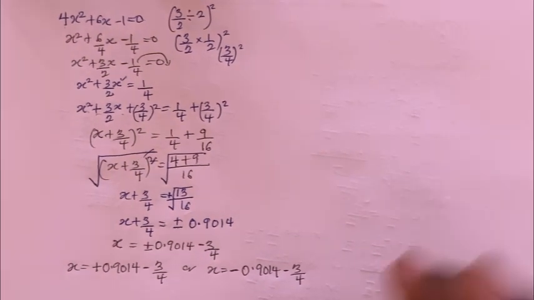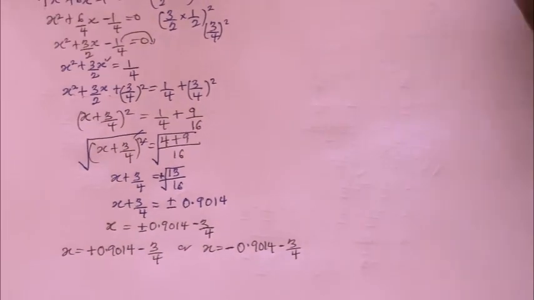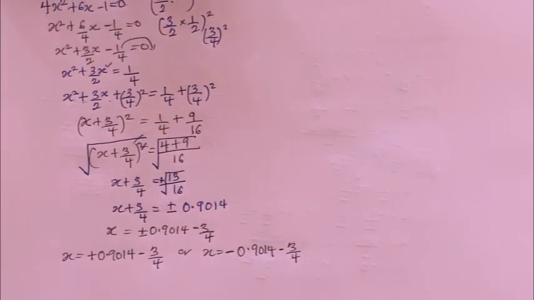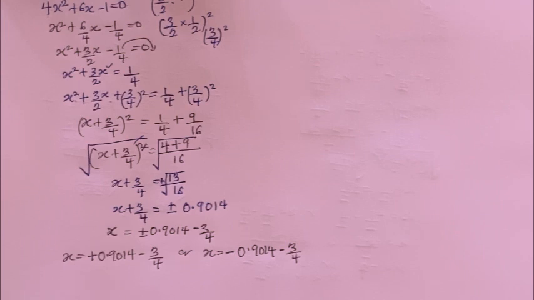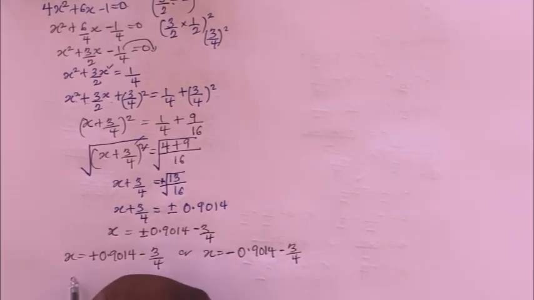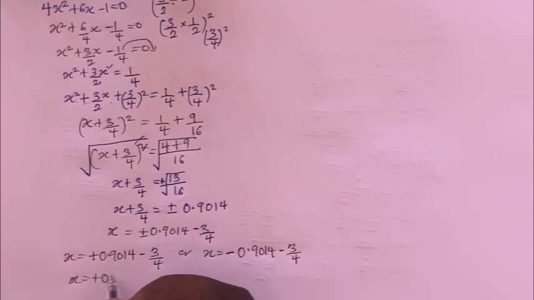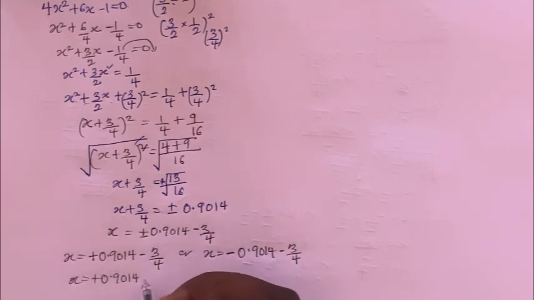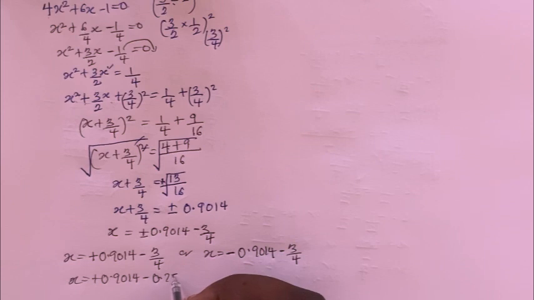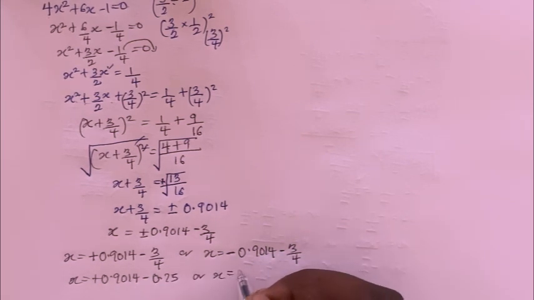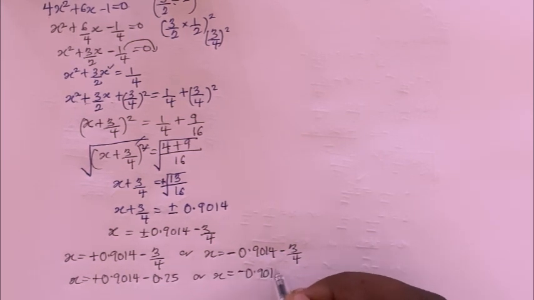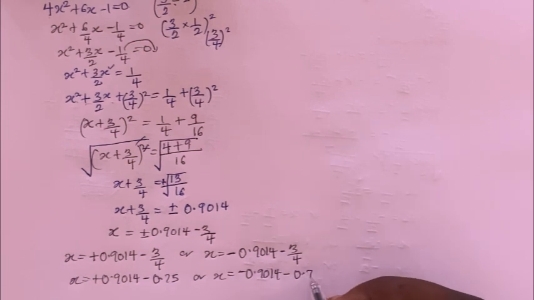So now I will have to simplify. Here, 3 divided by 4 is 0.75, right? So here I'm going to have x equals plus 0.9014 minus 0.75, or x equals minus 0.9014 minus 0.75.